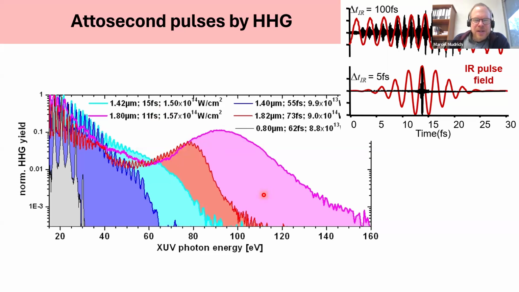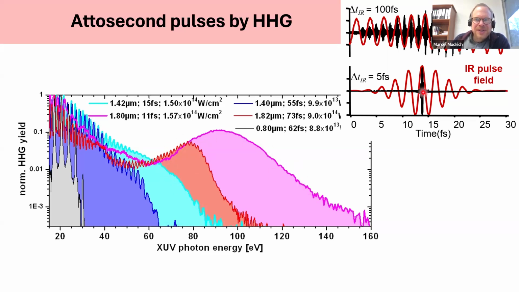So maybe somebody can tell me, what does it mean in terms of the time domain that the spectrum now contains a large component of just a broad and unstructured spectral distribution like this? What is the consequence for the time domain?